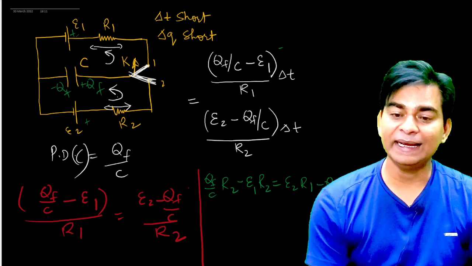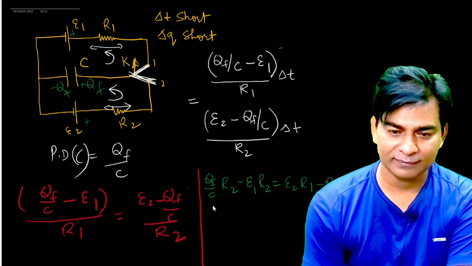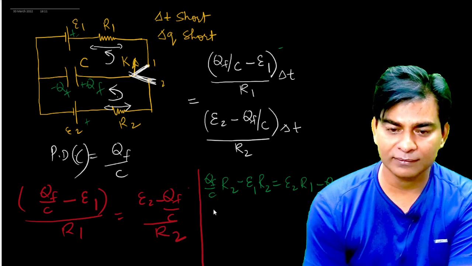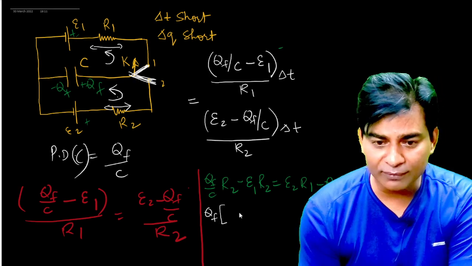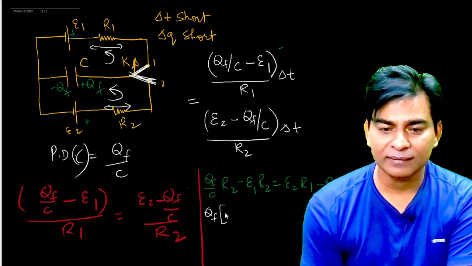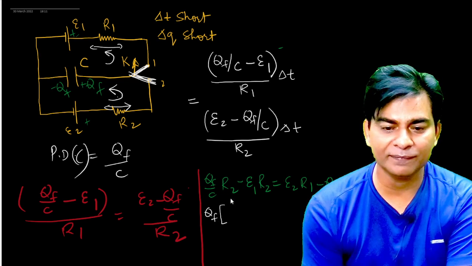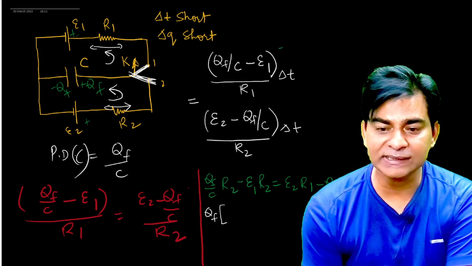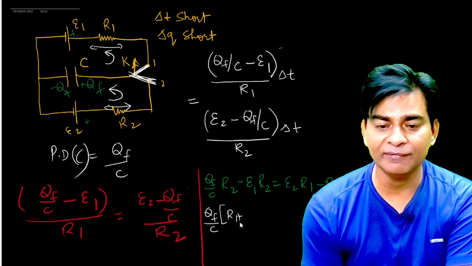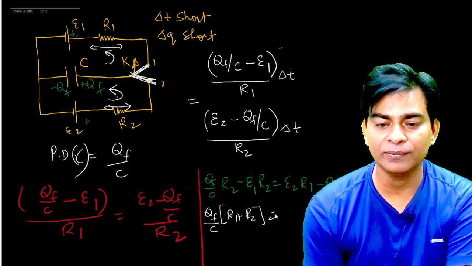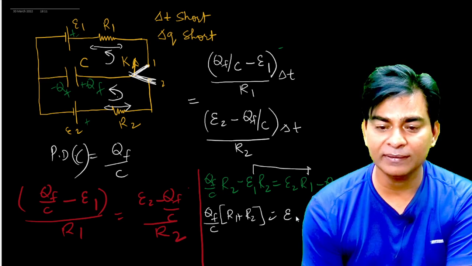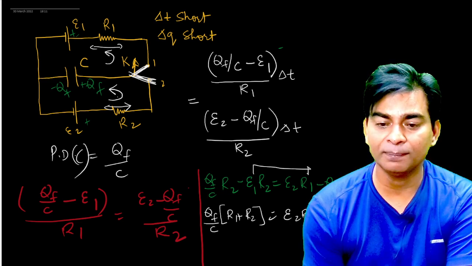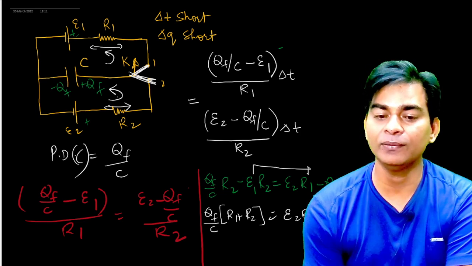Collect the terms of Q final on the left, and make Q final by C common, with R1 plus R2 in the bracket. Move the other term to the right side, so the right side is E2 R1 plus E1 R2.